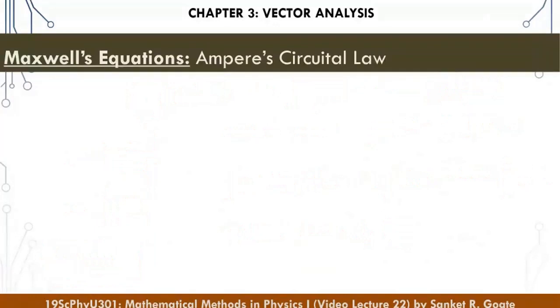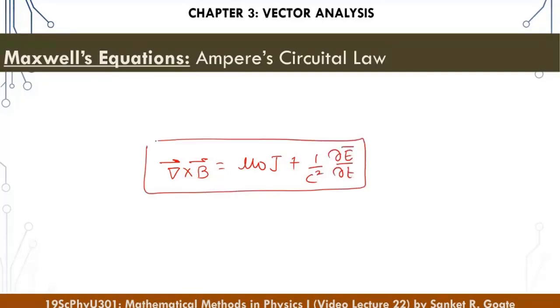Okay, I'll write it here. So Ampere circuital law, when you write it in differential form, is del cross B equal to mu 0 J plus 1 by C square dou E by dou t. So this now is Ampere circuital law with the contribution by Maxwell for the displacement current.